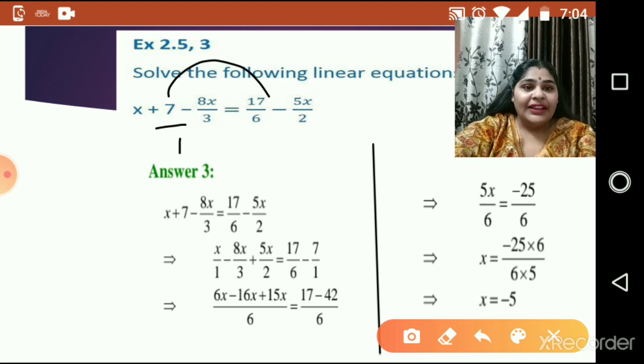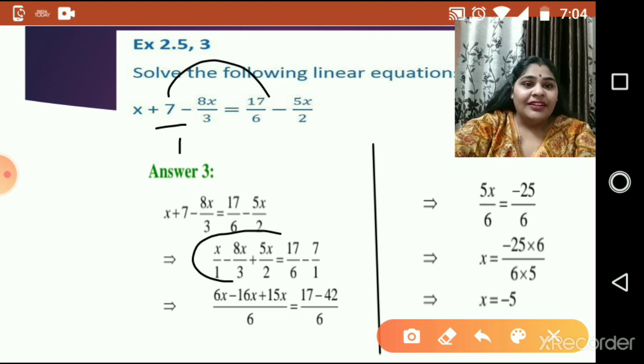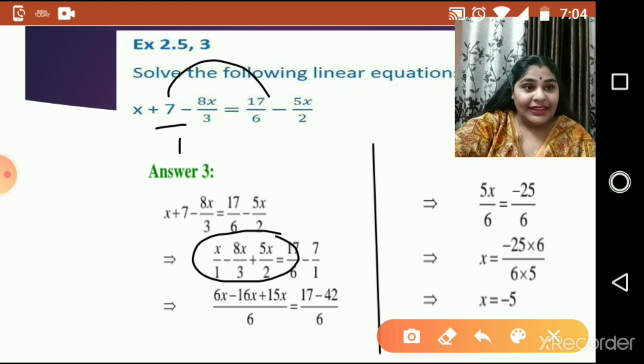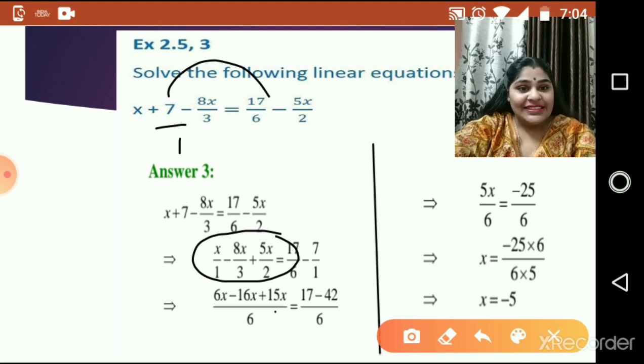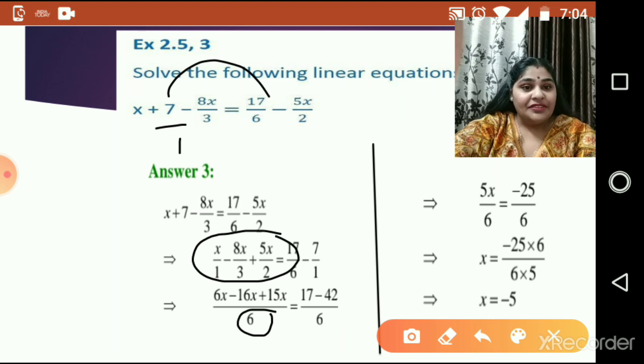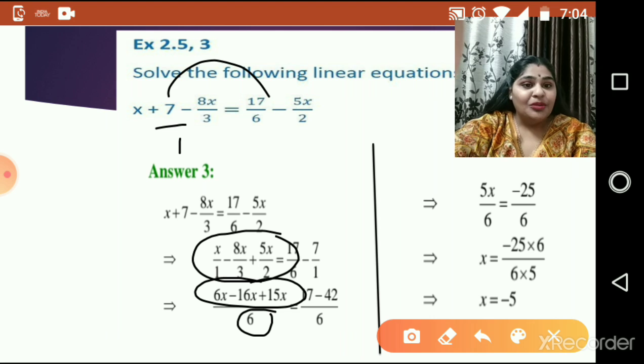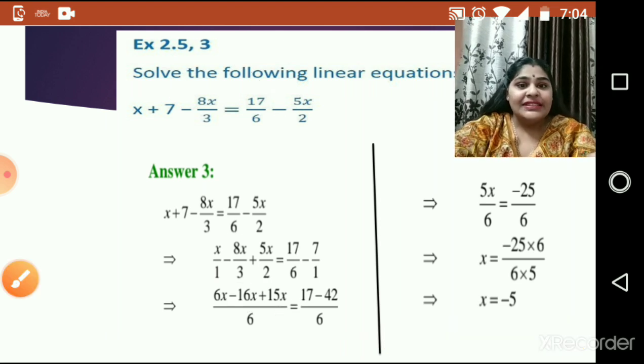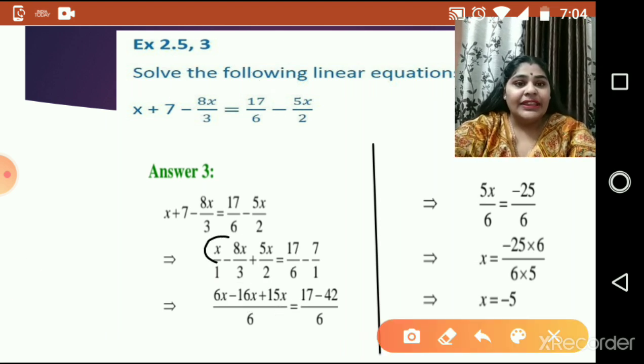Now again you can see here all the fractions are unlike. First let us bring them to like fractions. If I find the LCM of 1, 3, 2, it will be 6, children. So once I find the LCM, let us multiply in the numerator also. Here you can see there is only x.